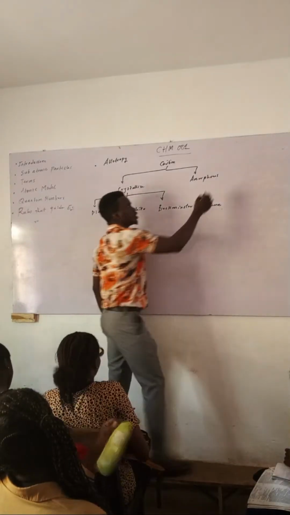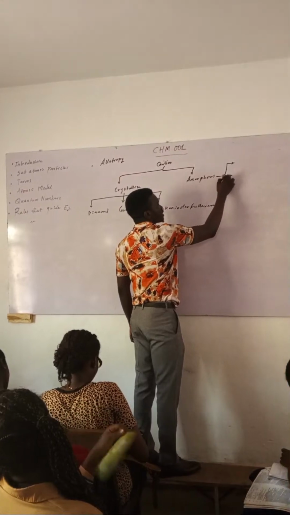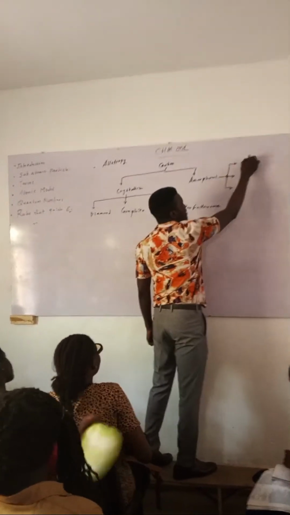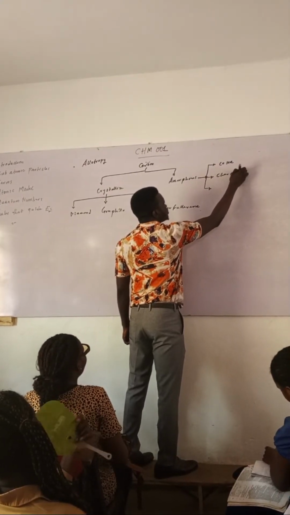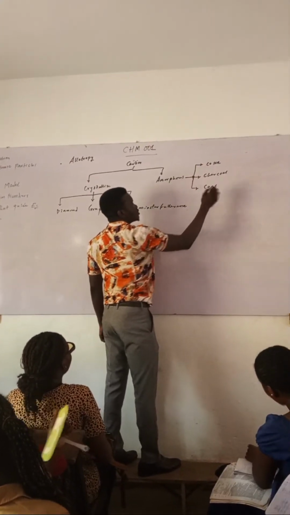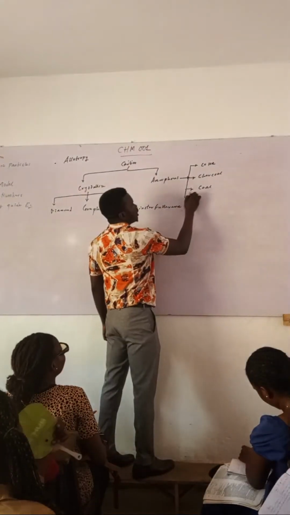Then we have the amorphous form. The amorphous forms are like your coal, your charcoal, and soot.